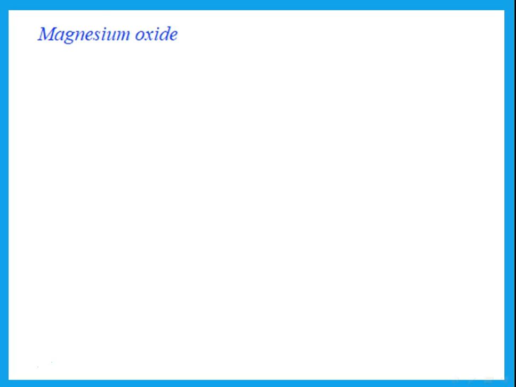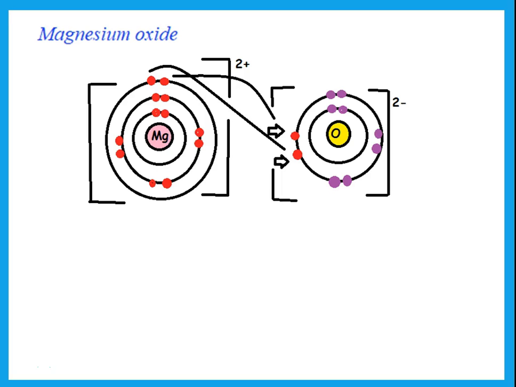Okay, so here he's saying I should write the dot and cross for magnesium oxide. So I need to think, okay, magnesium is in group 2. It has a total of 12 electrons, so its outermost shell has 2 electrons, and it really doesn't want them.